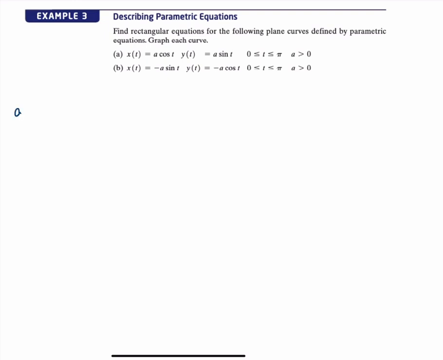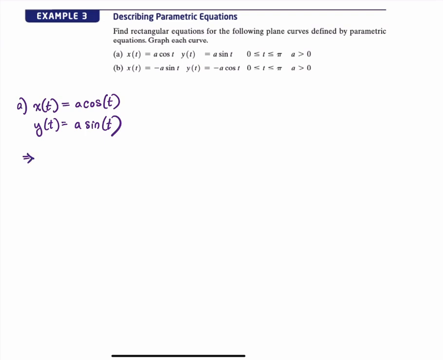In part A, they tell us that x of t is equal to a times the cosine of t, and y of t equals a sine t. That's actually the pair we were just looking at, so we can just borrow from our work previously.